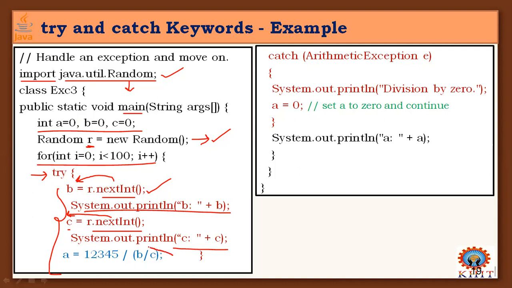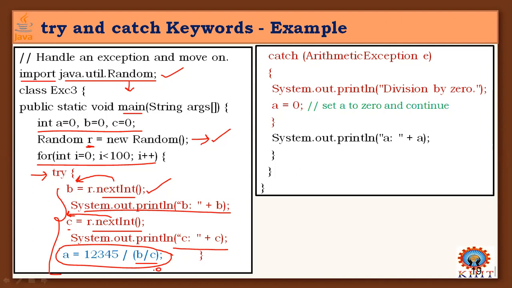But here the expression statement may generate exceptions. When? The expression is clearly given: a equal to 1, 2, 3, 4, 5 divided by b, division by c, the division operation b slash c. So this may become 0 in some cases. Based on random number selection, sometimes this division expression b slash c may become 0.